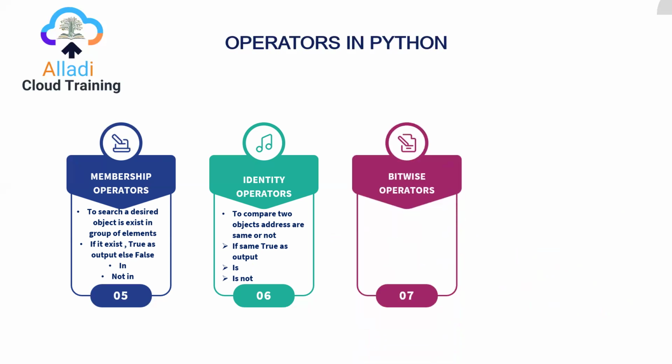Bitwise operators. In our day-to-day life we never use bitwise operators. At an electronics level, for information security, for encryption and decryption purposes, we do use them. They are bitwise AND, bitwise OR, exclusive OR, left shift, right shift, and the tilde operator, which is a complement operator. To perform binary-level operations, we use bitwise operators.